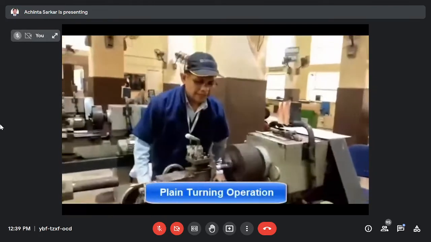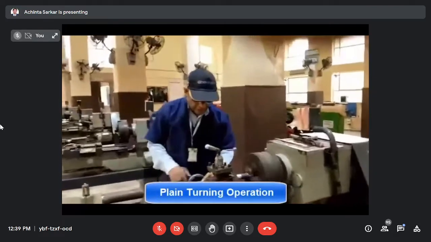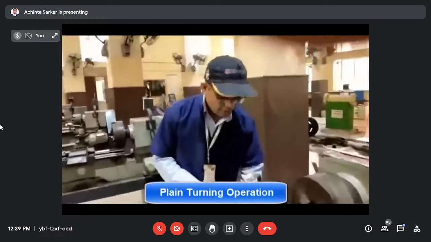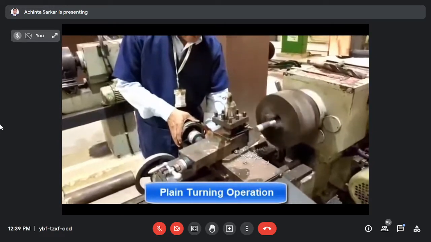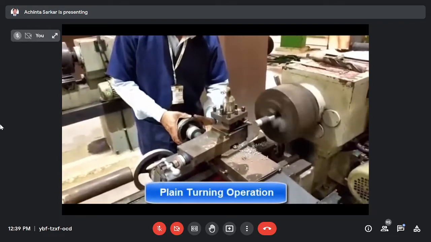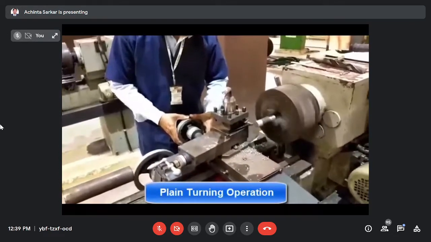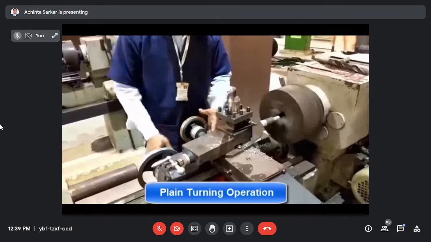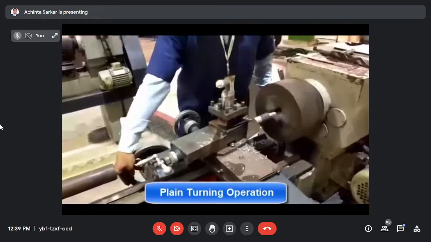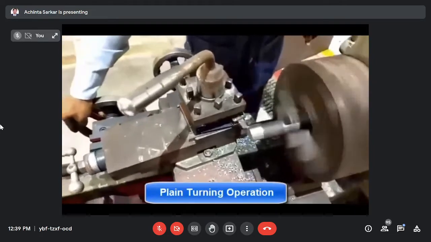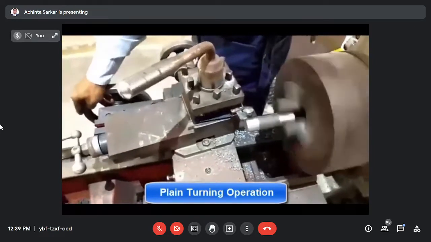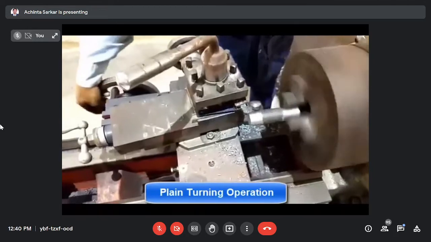And going to apply the second cut. So here again the second cut is 15 divisions. Now it was 41, and going to reduce your diameter according to the drawing dimension, 19 mm.